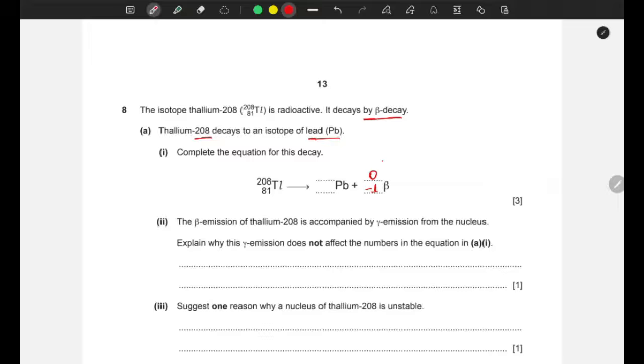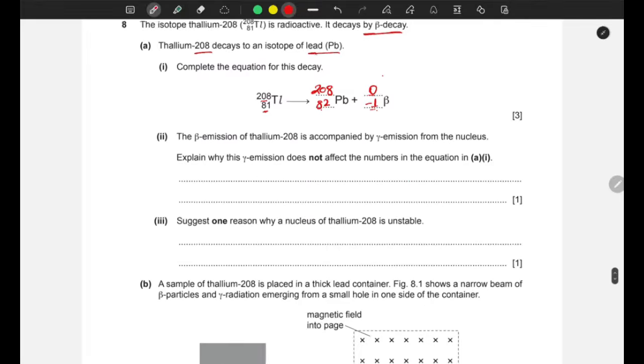On the mass number, we have 208, the beta particle 0, so this is also going to be 208. On the bottom part, we have 81 here, and since we have -1, the lead should be 82. So 82 minus 1 gives us 81. It's balanced, so the numbers are the same on both sides.